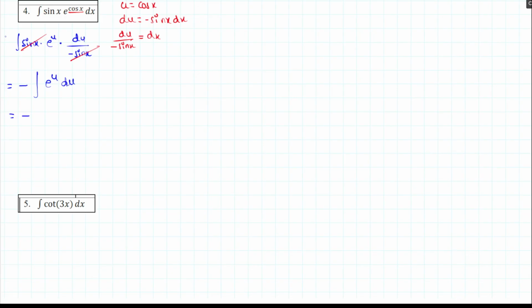So that is negative, the integration of e power u is just e power u plus c, and back substitute u equal to cos x. So therefore the integration is negative e power cos x plus c.